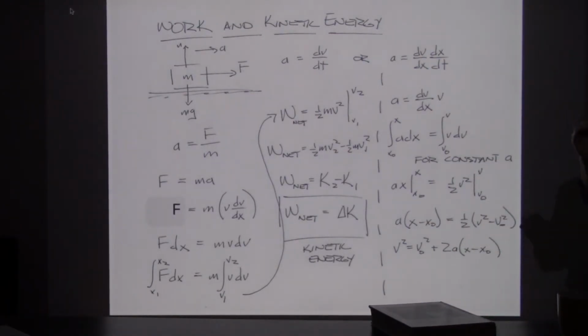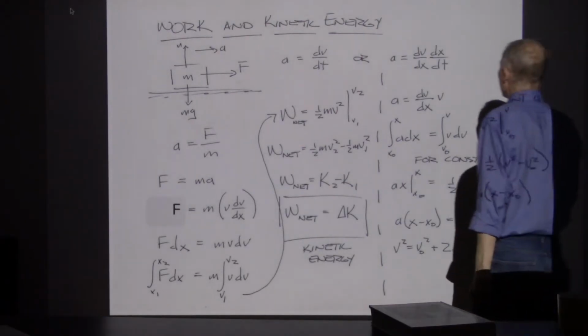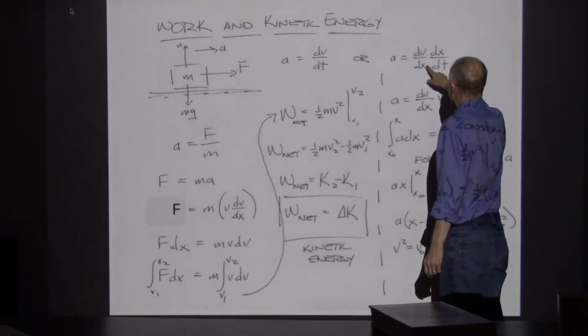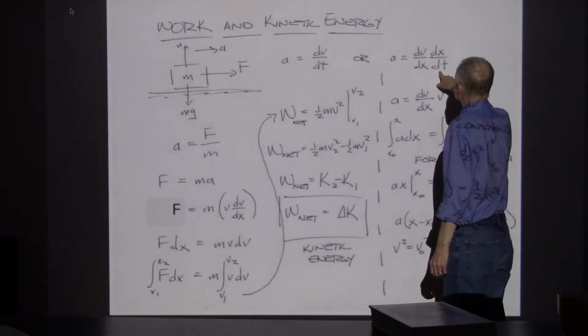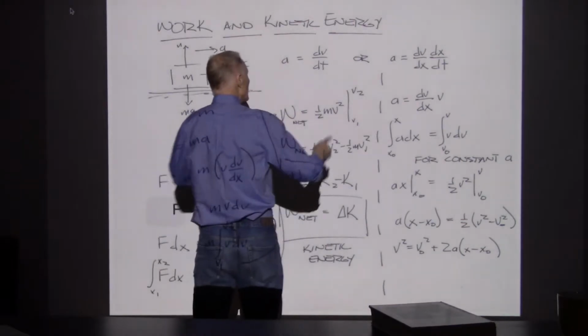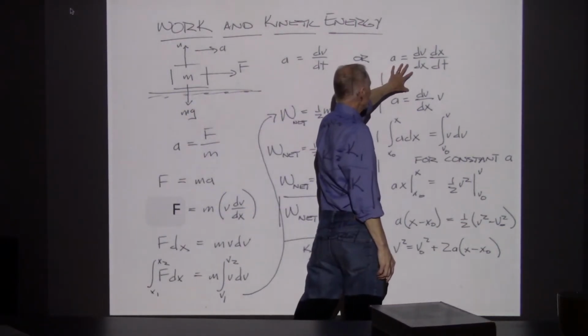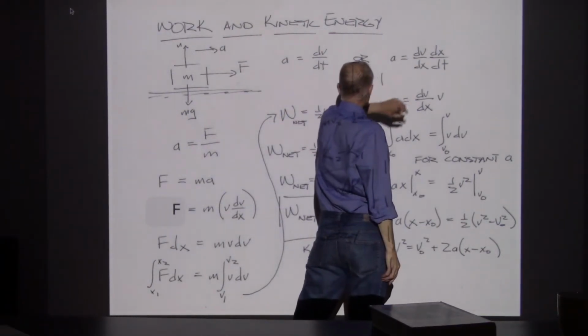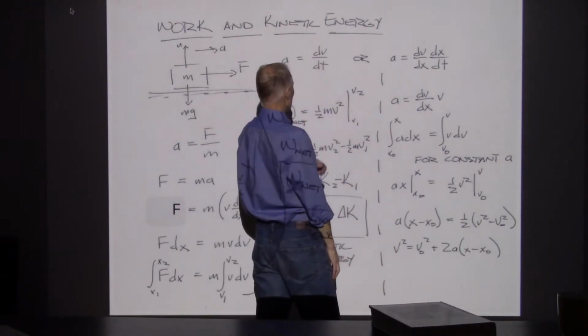That's what the dt's, the dx's, and the dv's are all about. Just what happens during that short interval of time that we have here. Okay, so I'm going to use this definition of acceleration with the extra dx's and dv's.